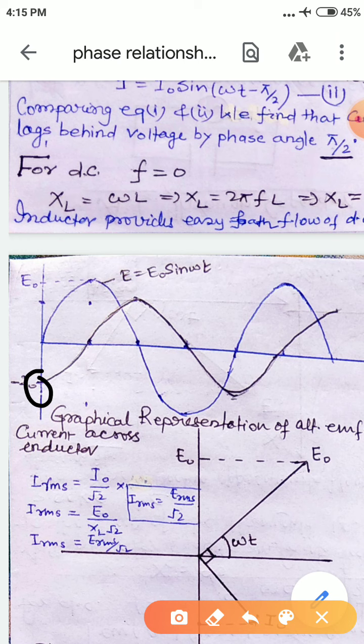At t equal to 0, E is 0. So E is 0 here. And when t is equal to T by 4, putting its value, you can see that E becomes maximum and I becomes 0. So when current is maximum, voltage is minimum. When voltage is minimum, current is maximum.